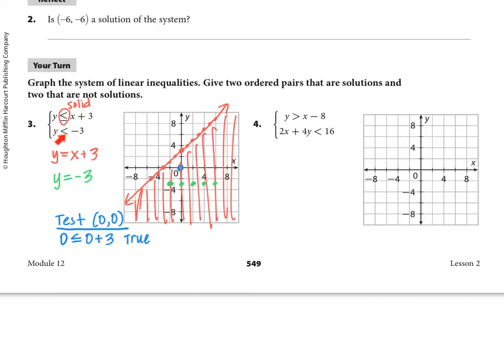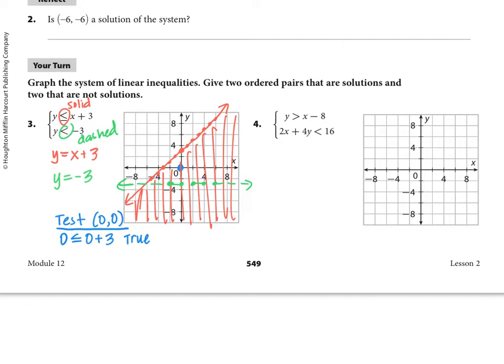Because I don't have the equal to part, y can't equal negative 3, so this is a dashed line. I just dash all the way across. Everything on the green line is not a solution to y is less than negative 3.